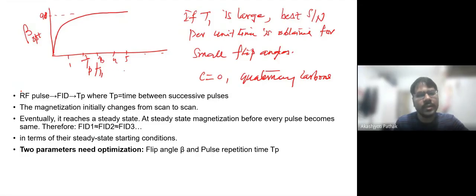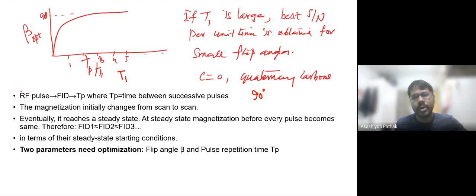For nuclei like quaternary carbon or carbonyl carbon, which have very long T1 values, you would always want the beta optimum to be a small value. You will not keep the flip angle at 90 degrees. If you keep the flip angle at 90 degrees, then what will happen? The entire magnetization will move to the XY axis.